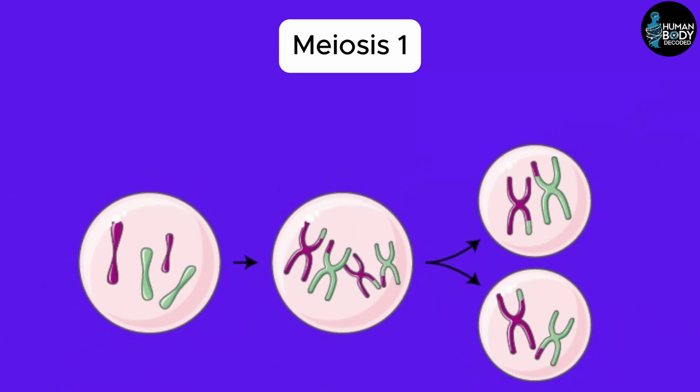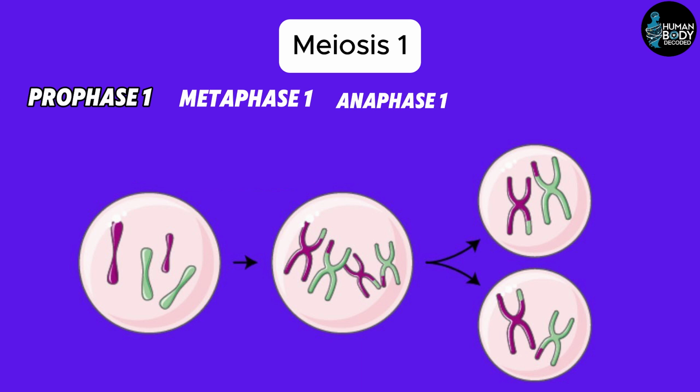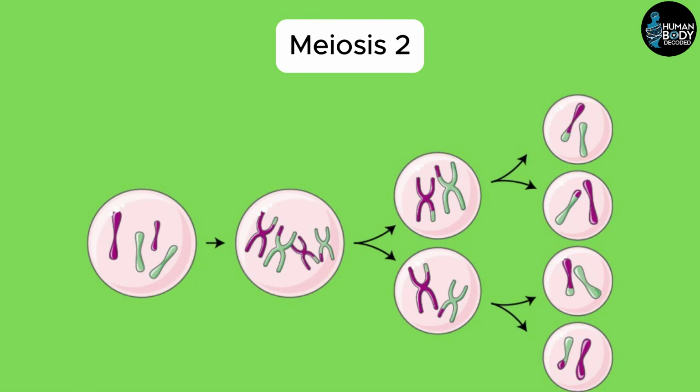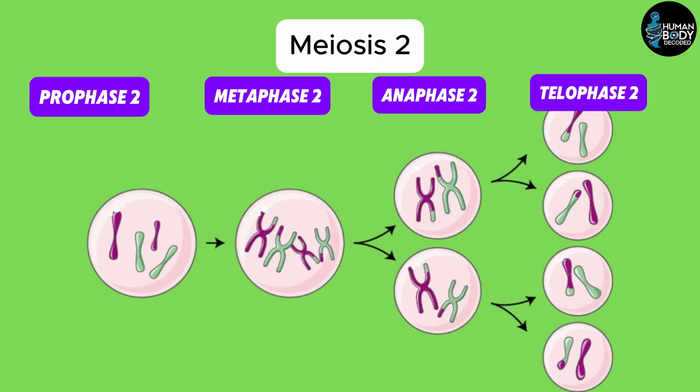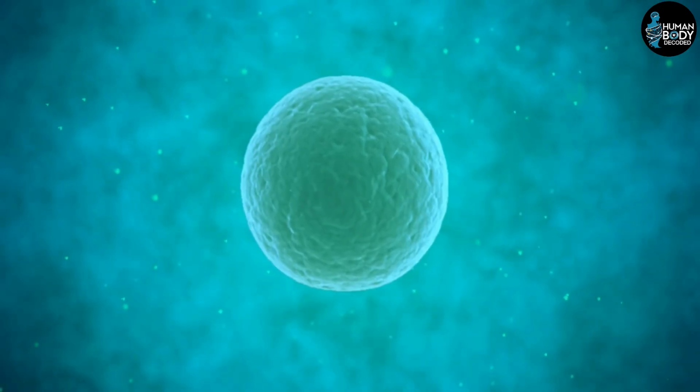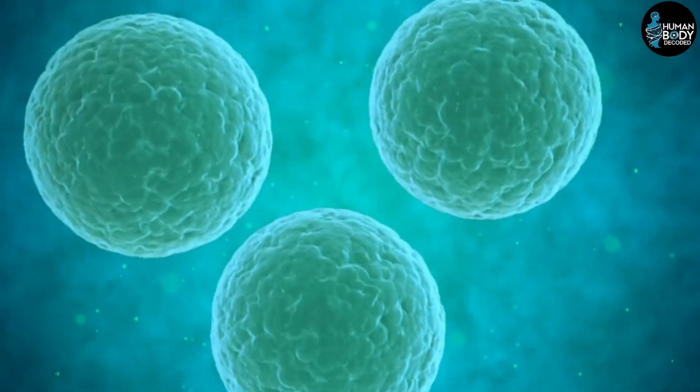Meiosis I has four stages, Prophase I, Metaphase I, Anaphase I, and Telophase I. Similarly, meiosis II also consists of four stages, Prophase II, Metaphase II, Anaphase II, Telophase II, resulting in a total of 8 stages in meiosis. We will explore each of these stages with animations to understand what happens in each phase.